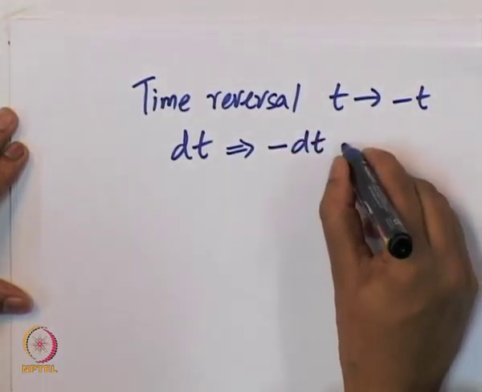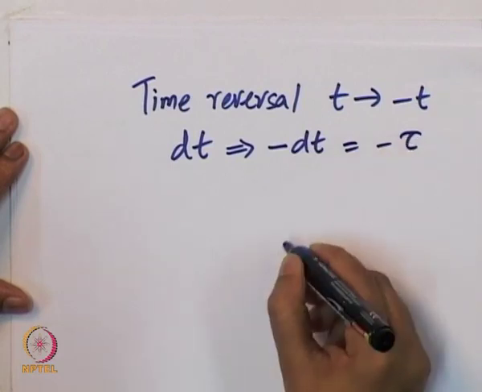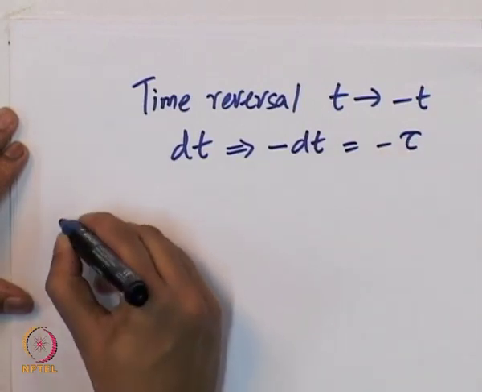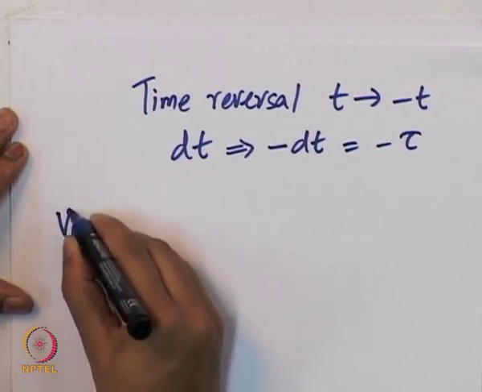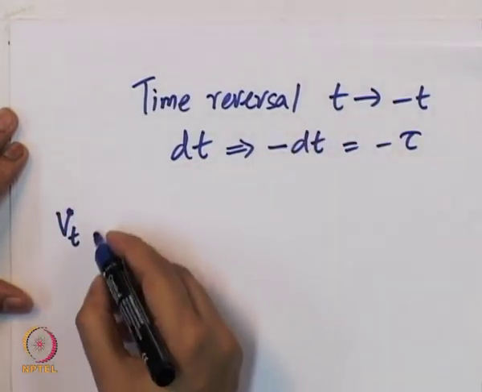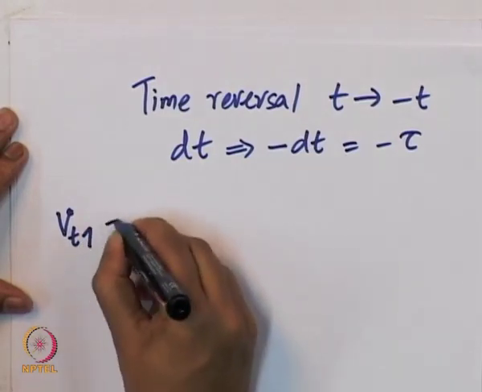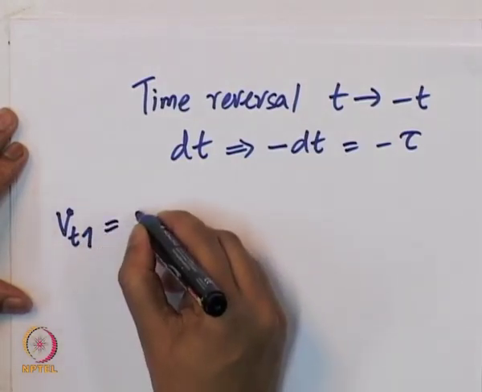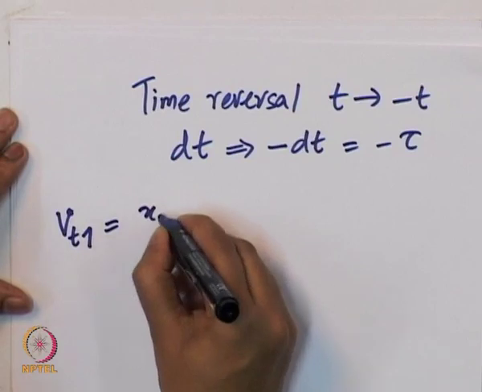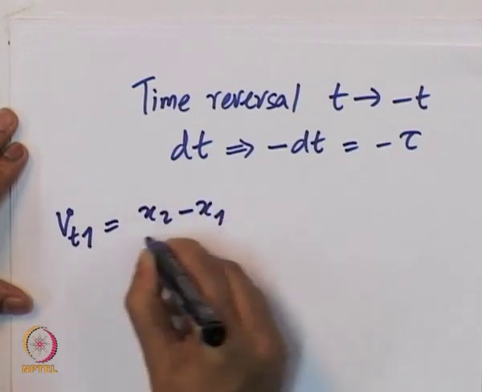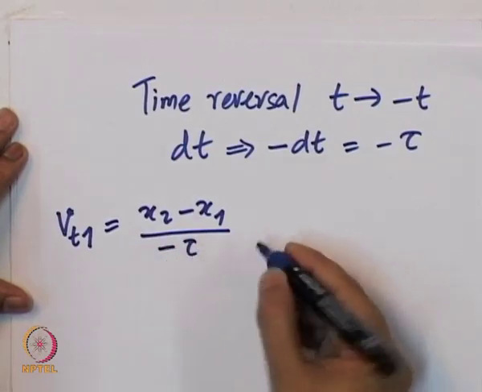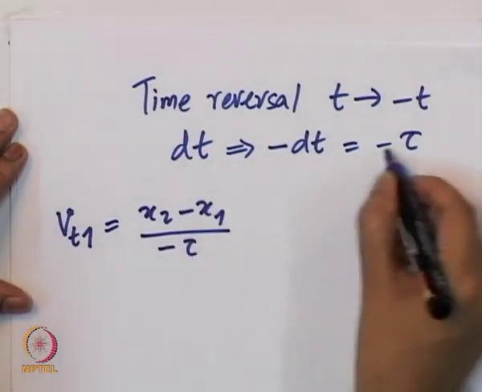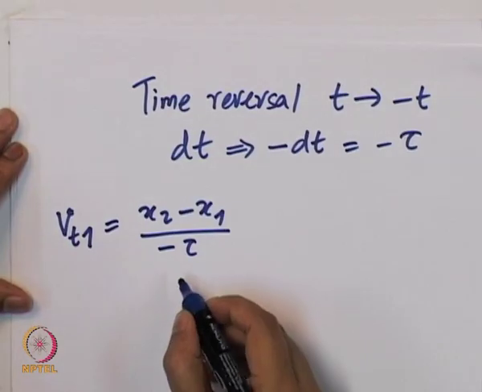In other words, what we will have is minus tau. So what is happening now is, the velocity under time reversal will be equal to x2 minus x1, like before, divided by minus tau. So instead of tau we will have minus tau.